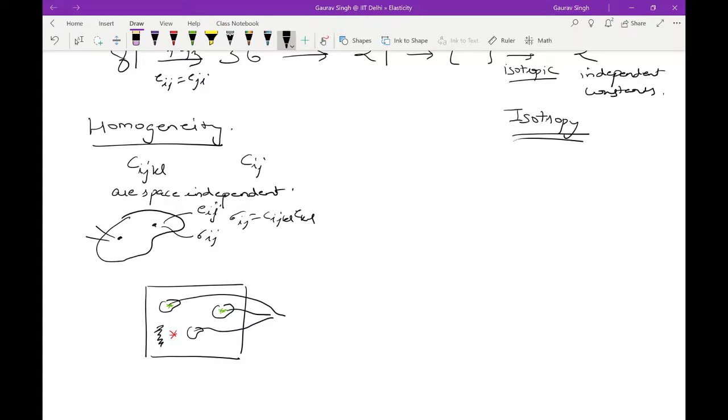You can have some other artificial materials be made in which, say, the Cijkl varies with time, varies with space. So if your x-axis is like in this direction, you can have a situation in which Cijkl is equal to Cijkl naught times 1 plus alpha x. So as you keep on going up in the x direction, Cijkl will keep on increasing or decreasing, depending on what alpha is.